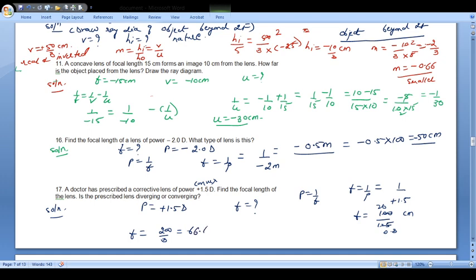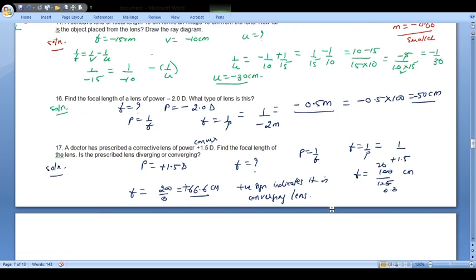So this is so much centimeter with the plus sign. So the positive sign indicates it is a converging lens. Converging lens means it is the convex lens. So I hope these numericals are clear to you.